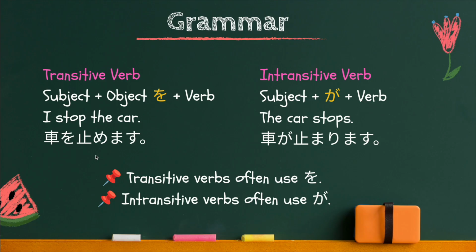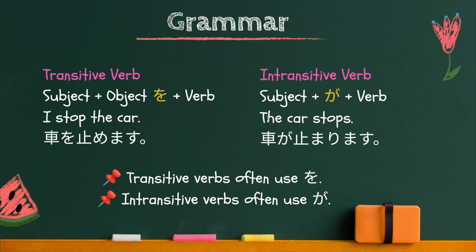So if it says 車は止めます, it means as for the car, I stop. Wa topic marker is translated as for in English. So if it says wa, then the nuance changes. As for the car, I stop.